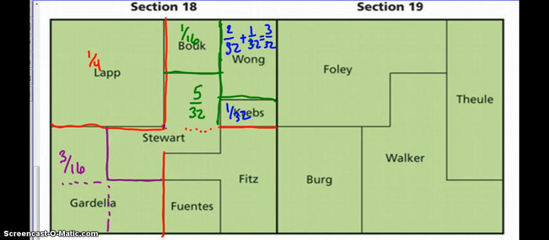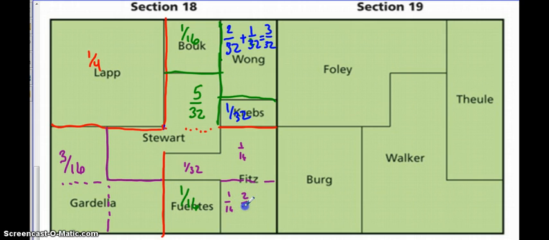Okay, and then we come over here to Fuentes, and Fuentes has a little section that looks very similar to Bach, and so his section is also 1/16. Okay, and then we have Mr. Fritz. Mr. Fritz, right here, would have a 1/32, and then if we take this line here, he would have 1/16 and 1/16.